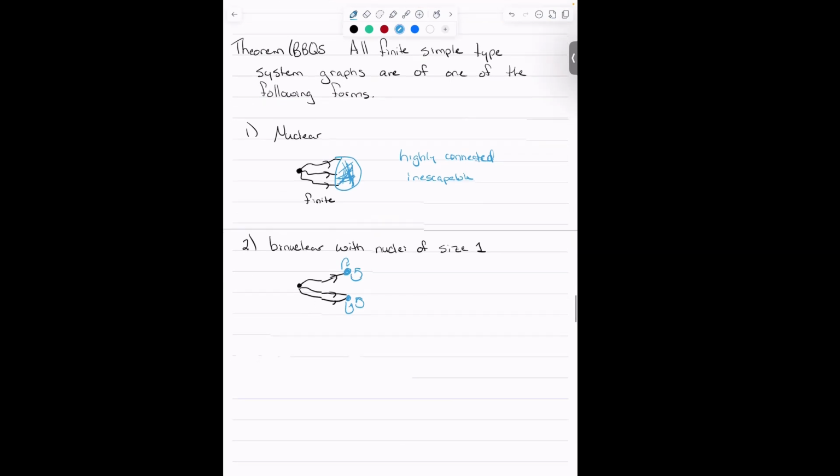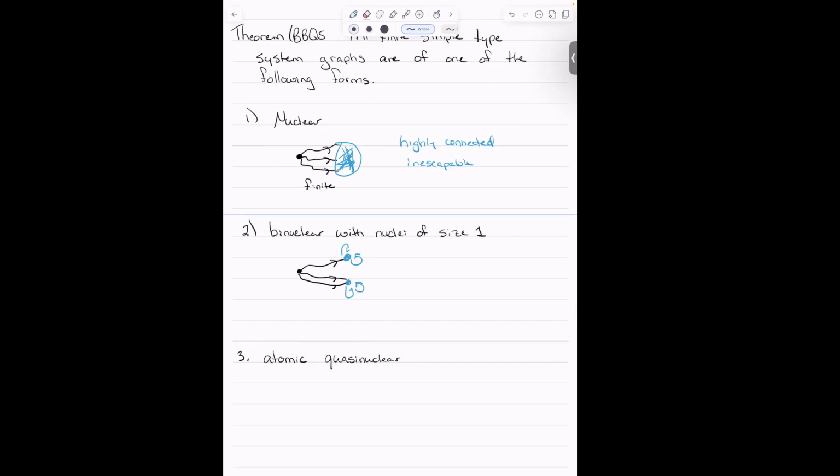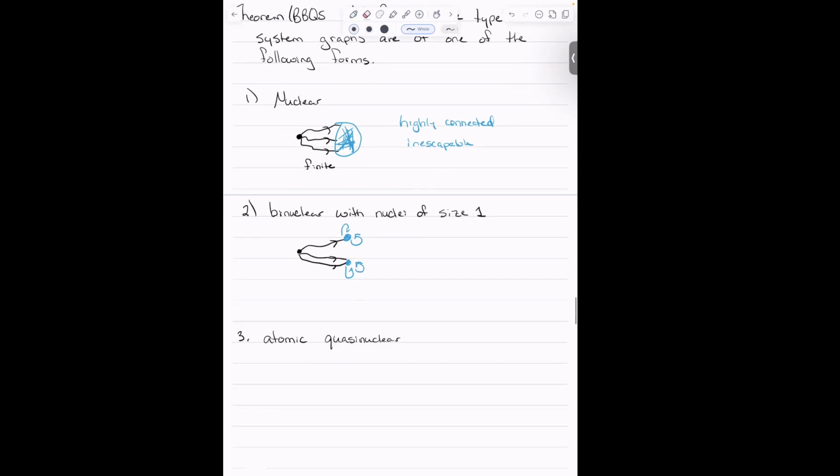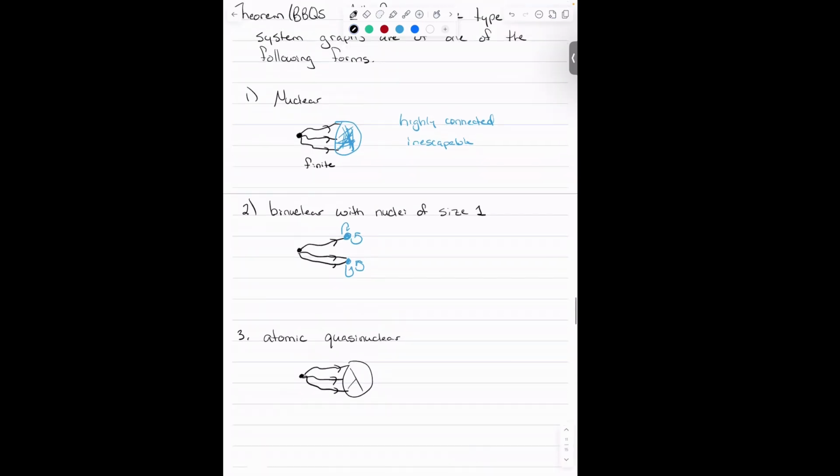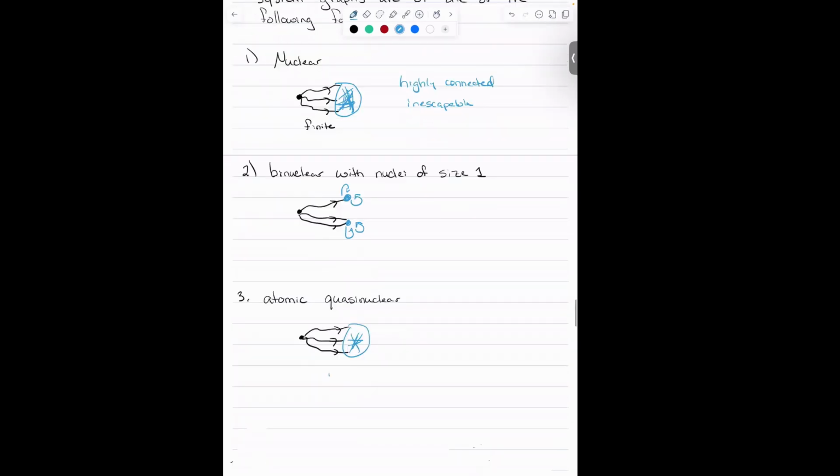And the third possibility that shows up when you're trying to analyze quotients of these graphs is something called atomic quasi-nuclear. So what this is again, after some finite amount of time, I end up in something that looks like a nucleus, meaning it's still highly connected.